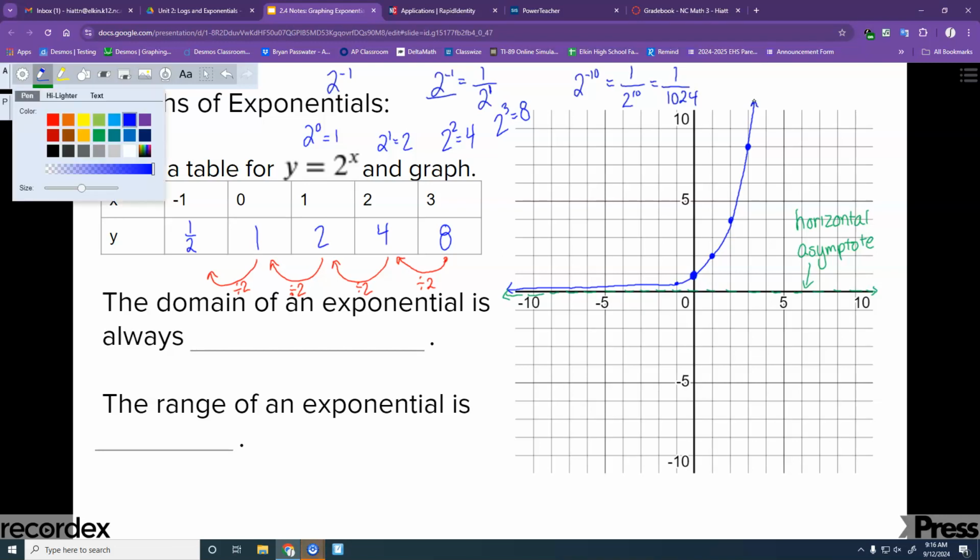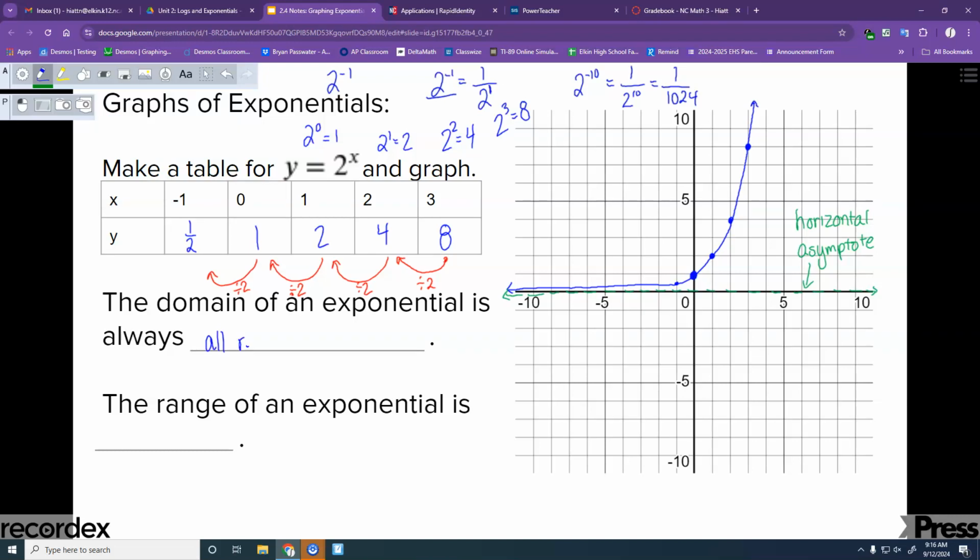The domain of an exponential, if we have a basic exponential, which is all we'll look at here, if you get something crazy like 2 to the x squared, something crazy might happen. We're basic exponential, so your domain is always all real numbers, or if you're using interval notation, negative infinity to infinity.